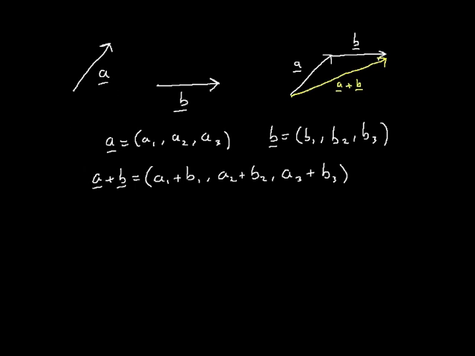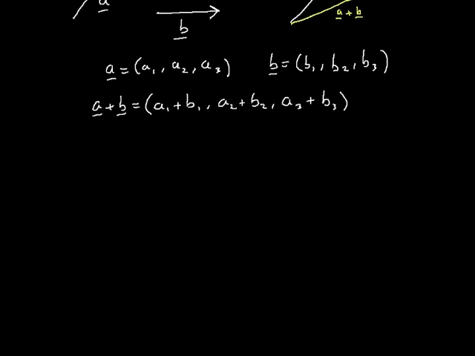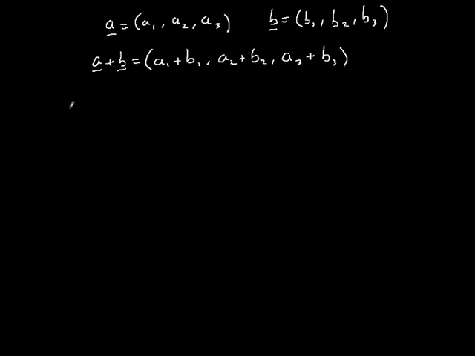Let's do an example of that. Here we're going to look at one or two examples. For example 1, A is equal to my old friend 1, 2, and 3, and for B I'm just going to make up some values.